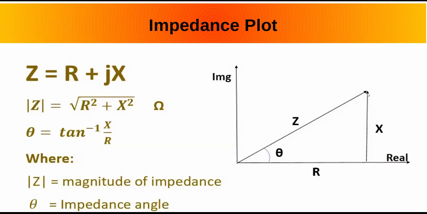The impedance is the vector. So by Pythagorean theorem, it's the square root of the sum of the squares of the two sides, the real and the reactive part, which will give you the magnitude of the impedance.